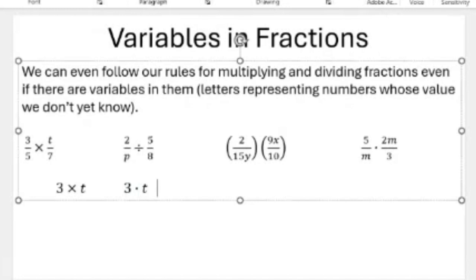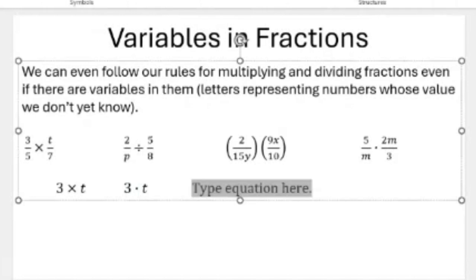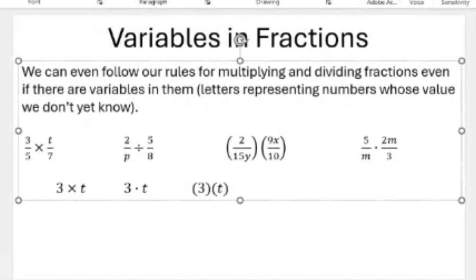You could write, this is for the top of the fraction only, in brackets, 3 bracket, t bracket. You could write a 3 in front of the bracket, 3 times t. That's also correct. Or with a number and a variable, you're even just allowed to write 3t, like that. Well, that is by far the easiest one of all those options, right? Just 3t instead of any of these other options over here.